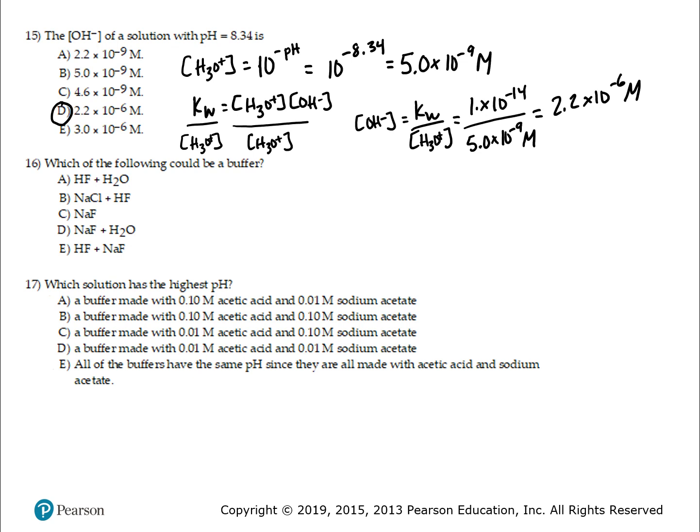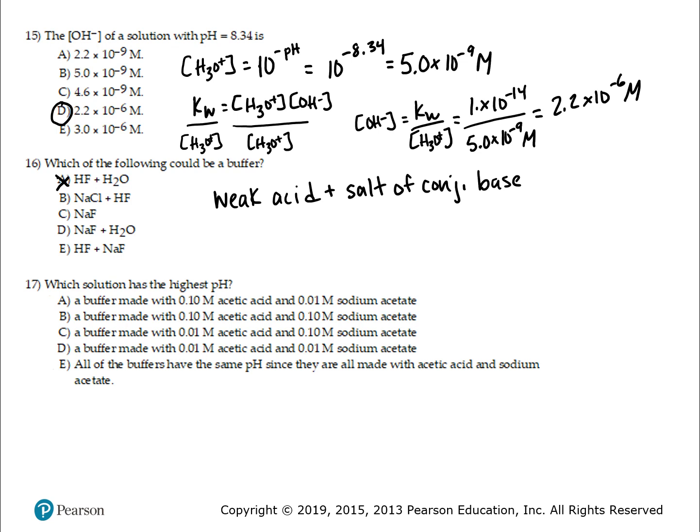Number 16, which of the following could be a buffer? Well, a buffer has to contain a weak acid plus a salt of the conjugate base. So A, we see a weak acid, but water is not a conjugate base. In B, we see a salt plus a weak acid, but we're not making the correct conjugate base.